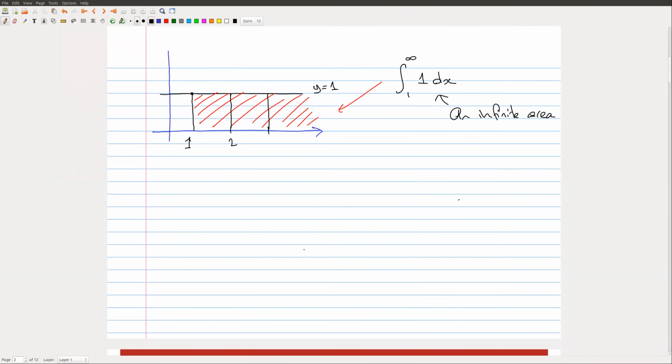But if you take something where the graph of the function is approaching 0 as you travel out to the right, then think about the area accumulation functions that we had when we were talking about the fundamental theorem of calculus a couple of weeks ago. Then the question is different.